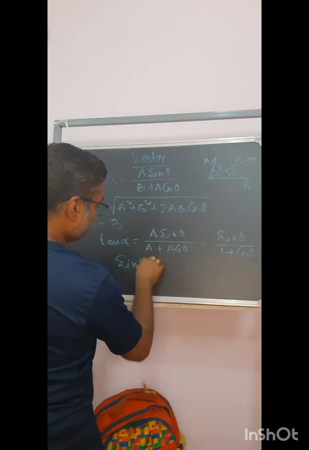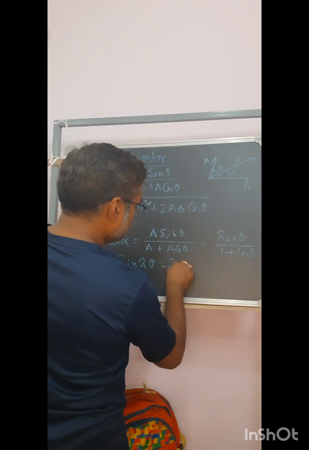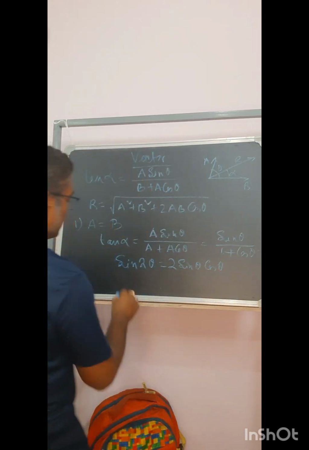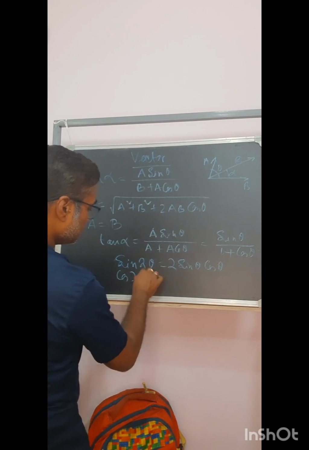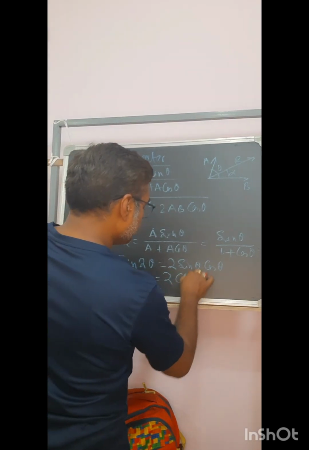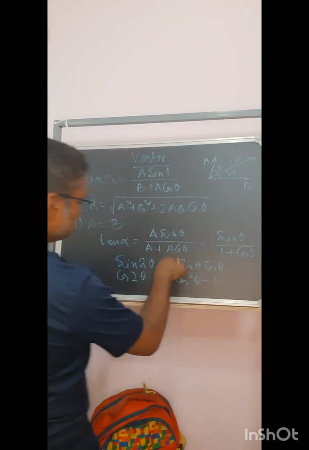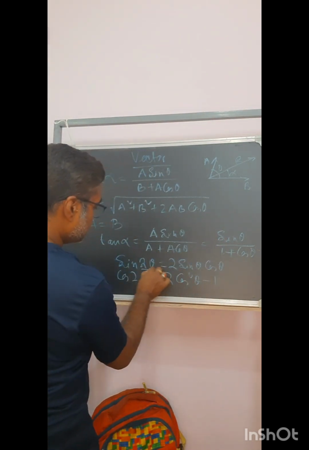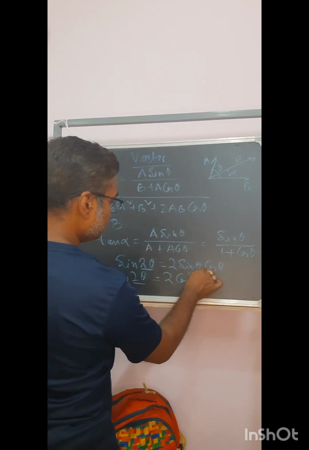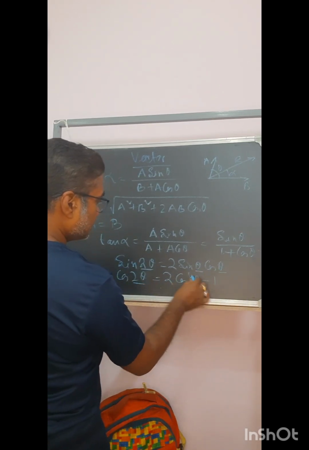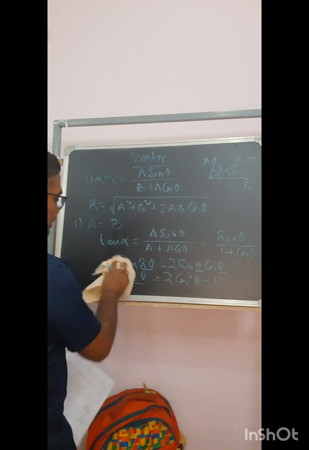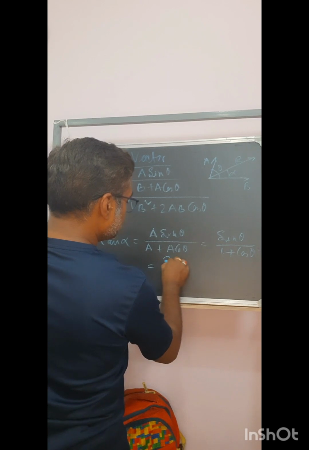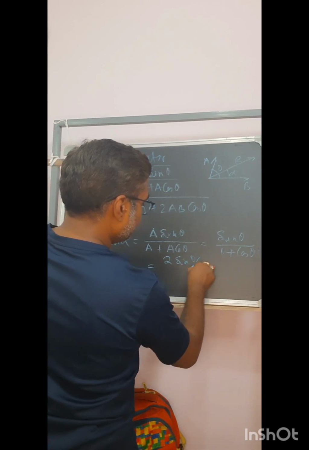This we know from the trigonometric formulas: sin 2 theta is equal to 2 sin theta cos theta, and cos 2 theta is equal to 2 cos square theta minus 1. If we replace these, here we have 2 theta, so that reduces to theta, which means we have to reduce it by half.